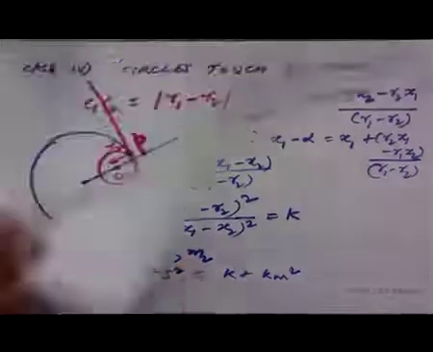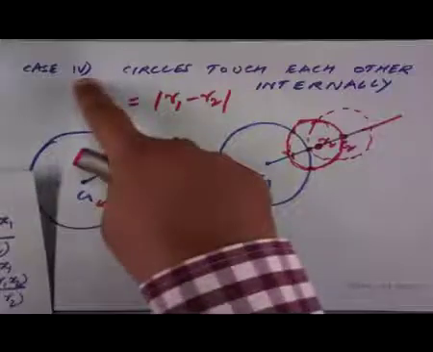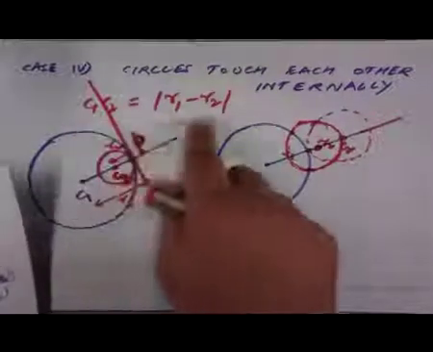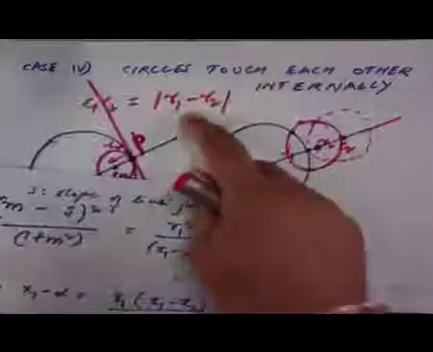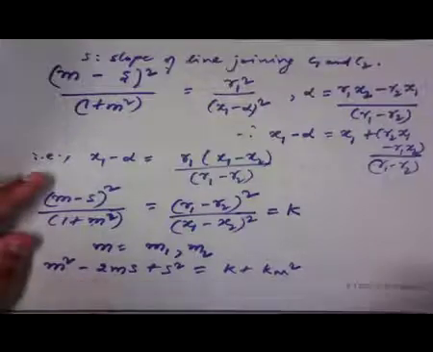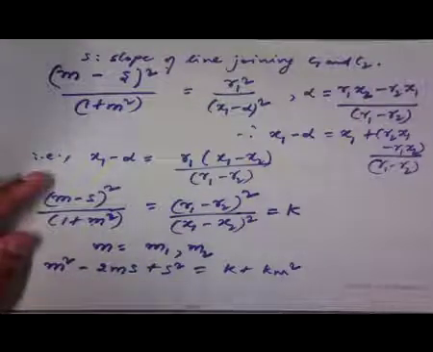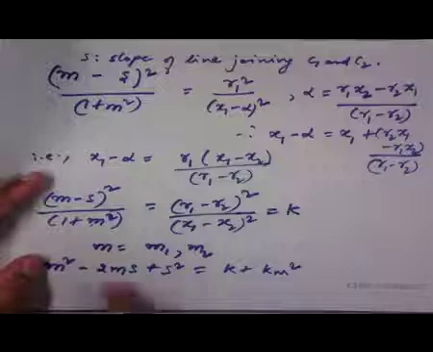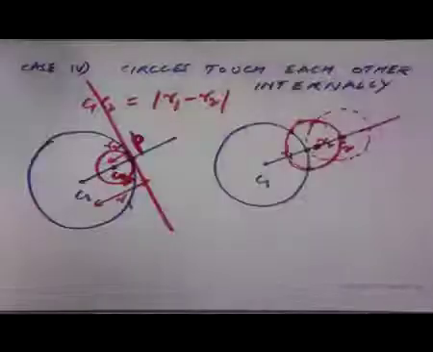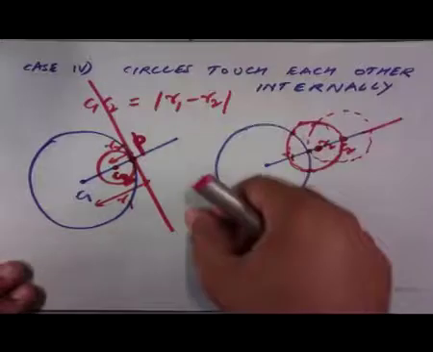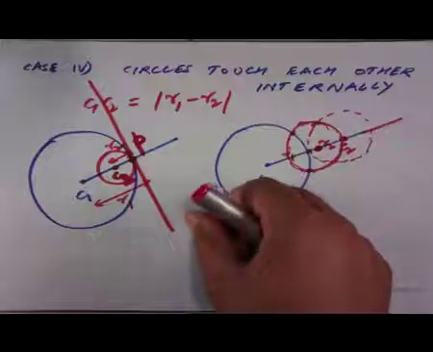But in this fourth case, when the distance between the centers is the absolute difference between the radii, this quadratic equation will have only one single real root, which basically means that there will be only one direct common tangent, whose equation can be easily found out.